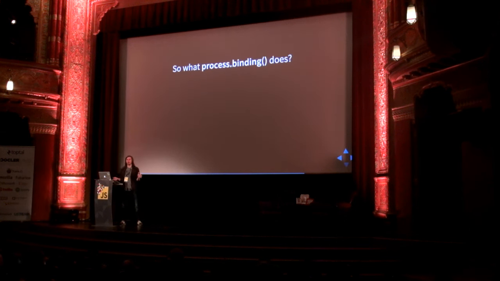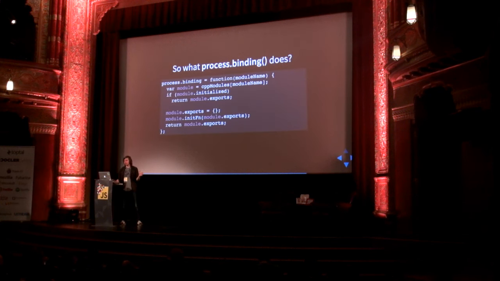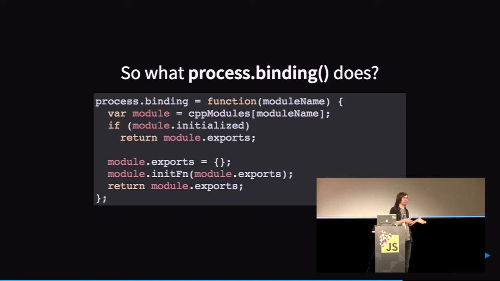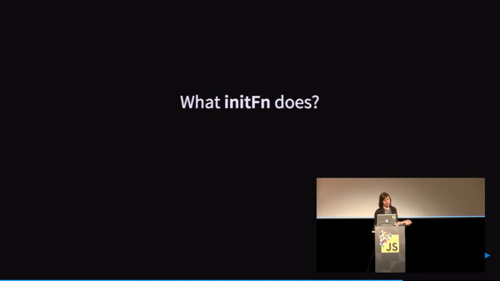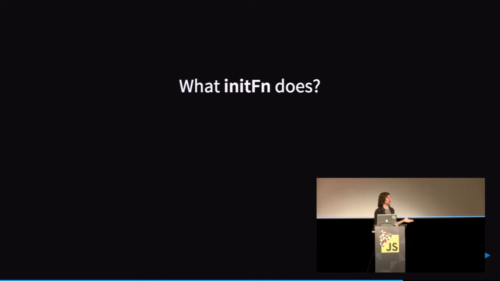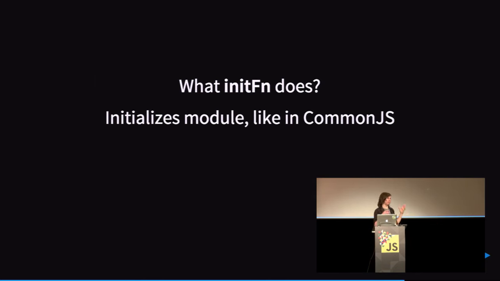So when you call process.binding, it does nothing but the following JavaScript code: it just gets the binding from the hash map and initializes it if it wasn't initialized yet. So what does this installation function do? It initializes the module. It does similar things to what happens in CommonJS.